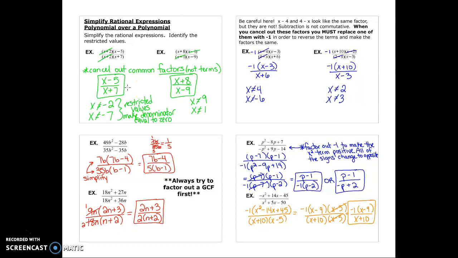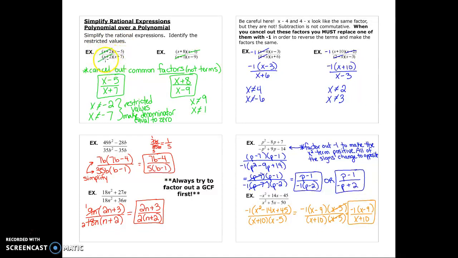Now, something else that gets added into these answers is what we call restricted values. All that means is what numbers, if x were equal to those, would turn your original denominator into a 0. Remember that you were never allowed to divide by 0. So because of that, there are certain values that x is never going to be allowed to be in each of these problems. So in this example, I have 2 values that would turn this denominator into a 0.